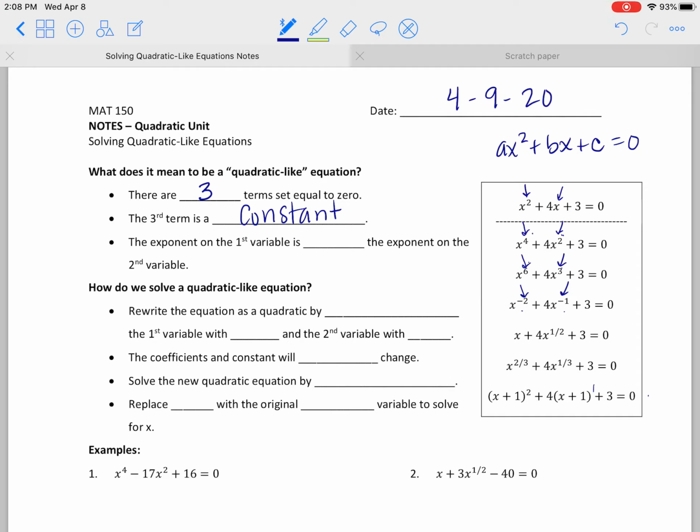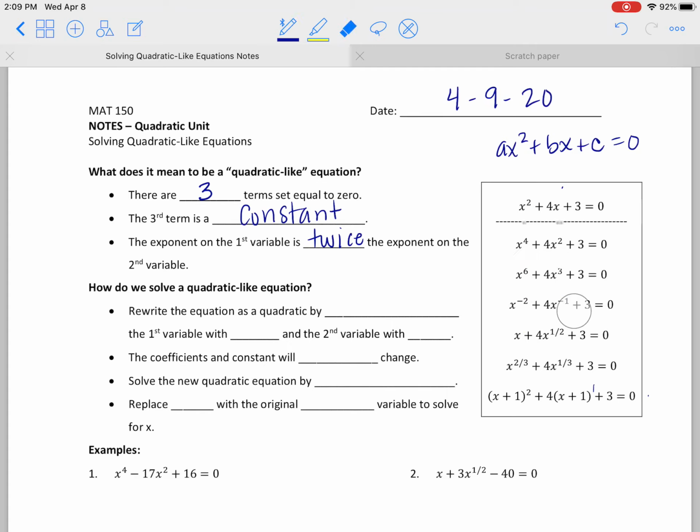And it continues even with the fractions. The exponent on the first variable is twice the one in the middle. So 2 is 2 times 1, 2 times 2 would make 4, 3 times 2 would make 6, -1 times 2 would make -2, a half times 2 would be 1, a third times 2 would be 2/3. So the exponent on the first variable is twice the exponent on the second variable.